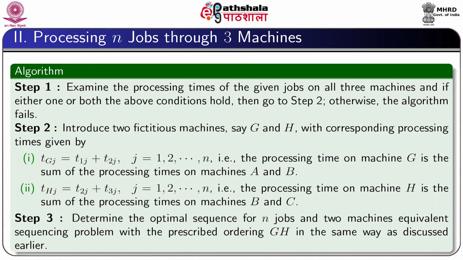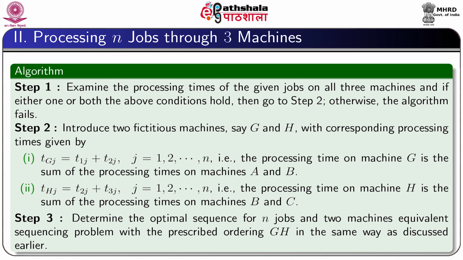Step 2, introduce two fictitious machines, say G and H, with corresponding processing times given by Tgj equal to T1j plus T2j, j equal to 1 up to n. That is, the processing time on machine G is the sum of the processing times on machines A and B. Thj is equal to T2j plus T3j, j equal to 1 up to n.